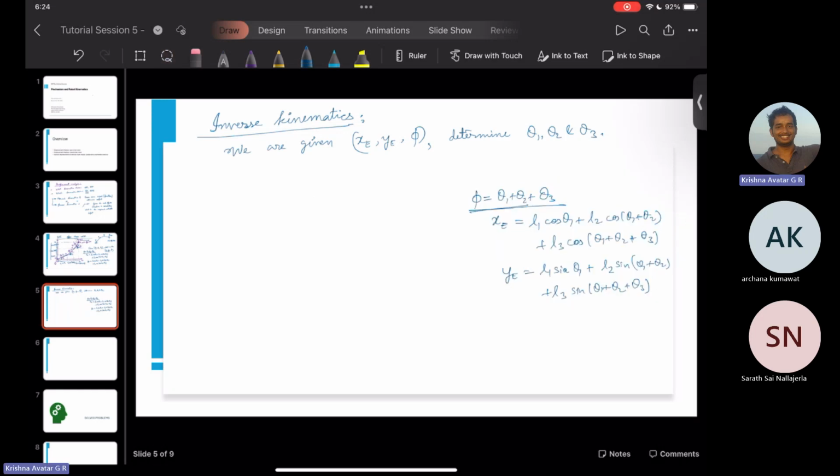So we start with, say, and as we know from before, phi is equal to theta 1 plus theta 2 plus theta 3. So this is clearly known to us, right?